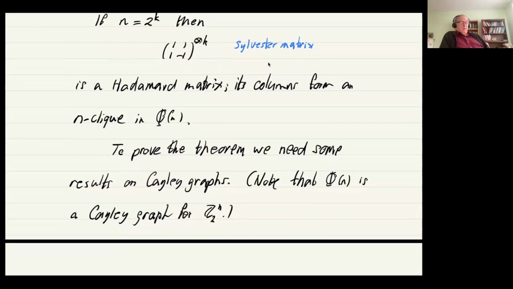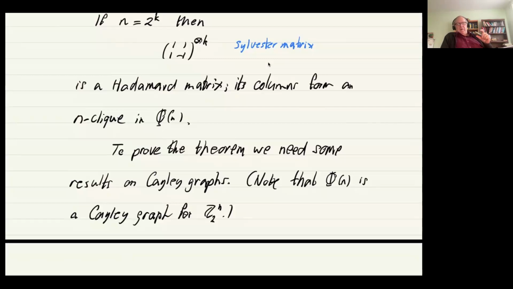Now to prove the theorem, we actually need some results on Cayley graphs. Note that Φn is a Cayley graph for Z2^n. I'm going to set this up as an exercise, but the thing to notice is, the vertices in Φn are the possible ±1 vectors of length n. If you change the sign of the ith entry, that gives you a permutation of the vertices.